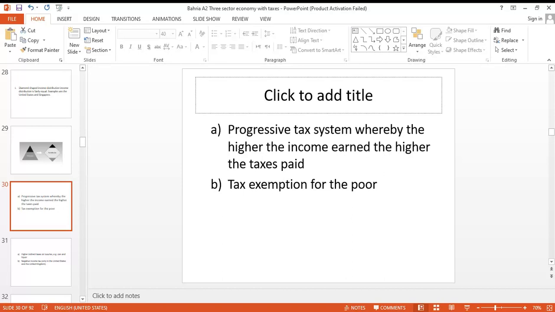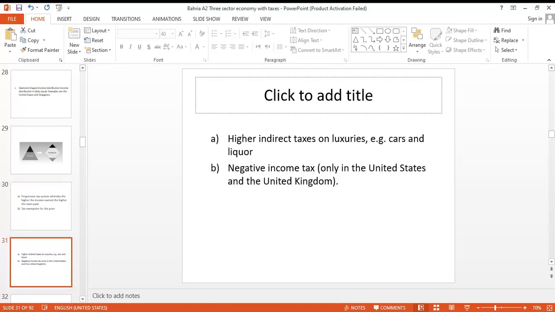What is the progressive taxation system? The richer you are, the higher percentage tax you pay. Okay. And when there is the middle class, and there's a large middle class, and they are paying a lot of taxes, then the government is also in a position to give exemptions to the poor. Okay. So the government doesn't bother with the very poor, it will give tax exemptions to the poor. Okay.